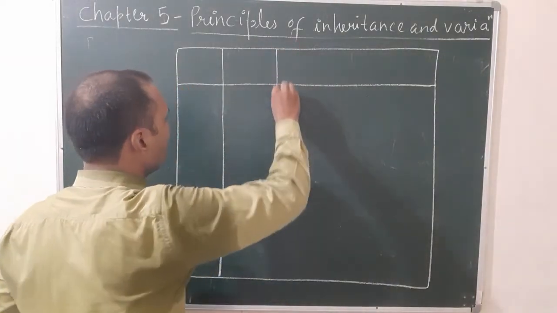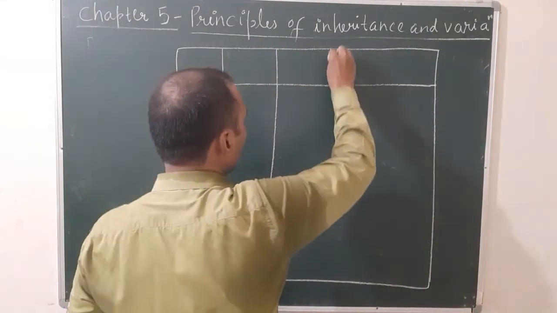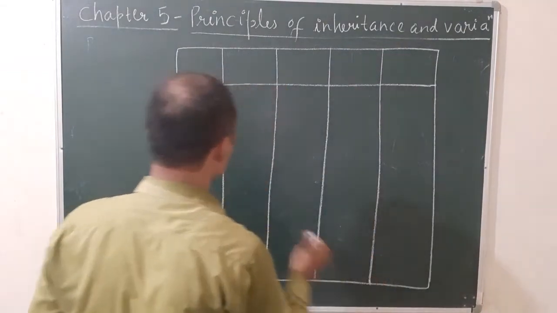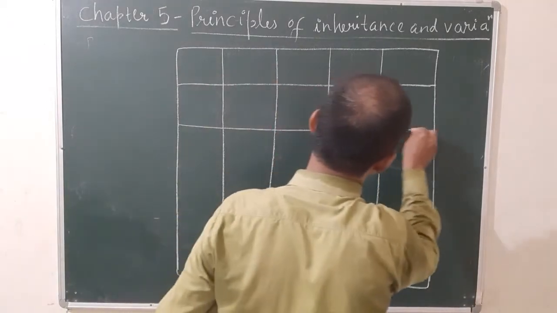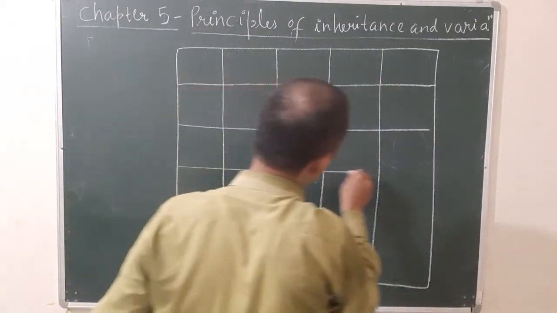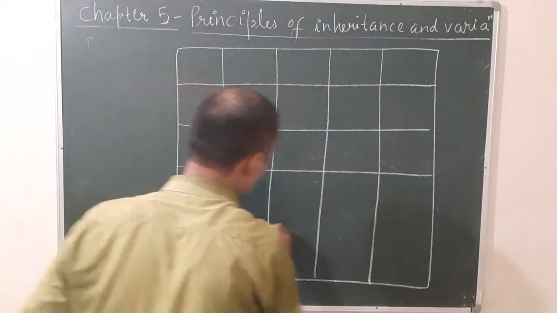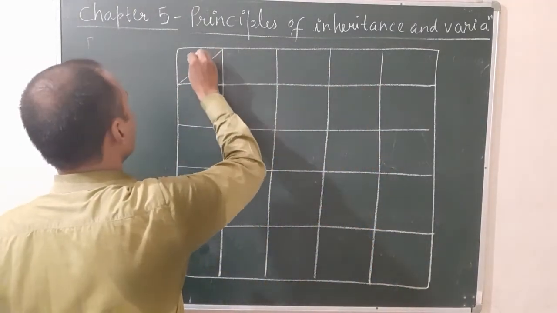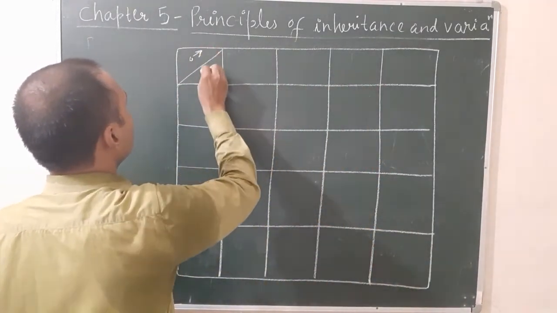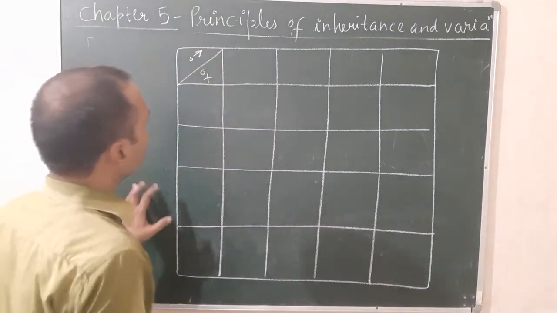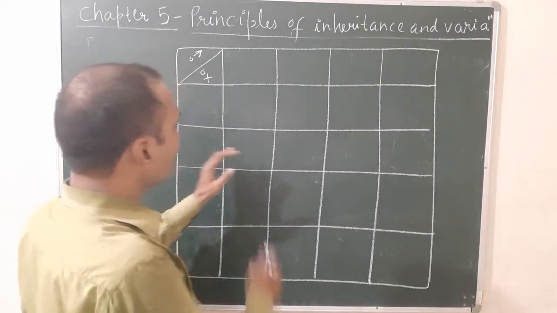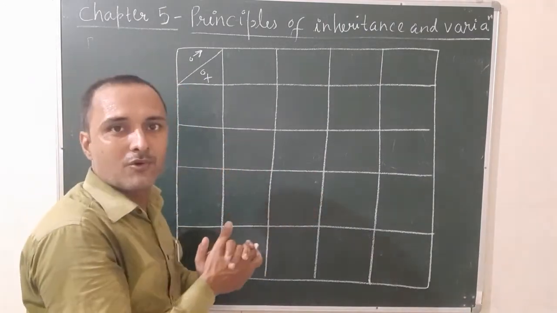This is 1, 2, 3 and 4. Here also 1, 2, 3 and 4. I have already explained the unit square, the square shaped structure used for the possibility of combination of gametes. Why total 16? Because 4 into 4.